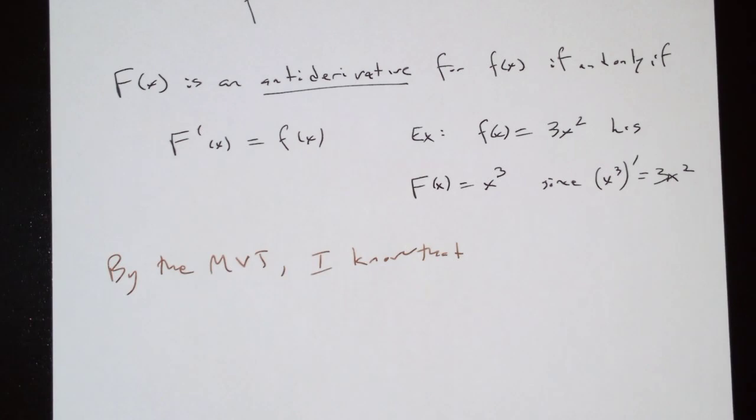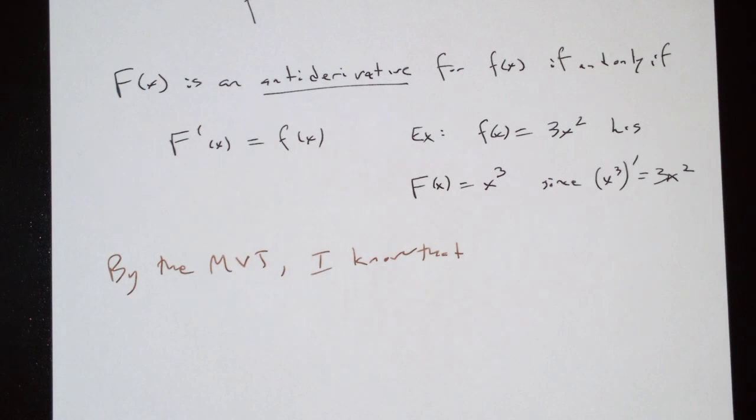What did you write down? Very last two things I said when we did Rolle's theorem and the mean value theorem. Jack? If the derivative is equal to 0, then the function is a constant. Okay, so if the derivative is 0, then the function it came from must be a constant.